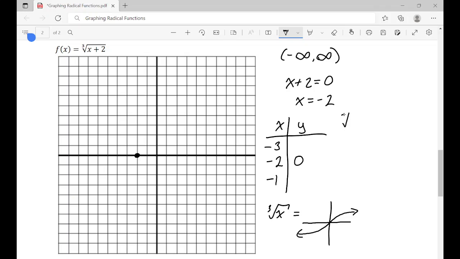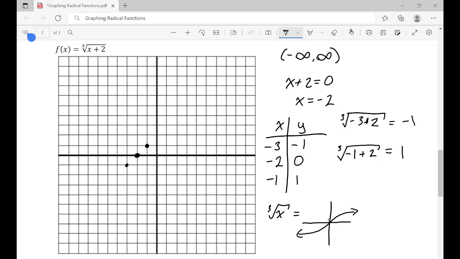The cube root of negative 3 plus 2 is going to give me the cube root of negative 1, which is just negative 1. Now I plug in negative 1: negative 1 plus 2 gives me 1, and the cube root of 1 is just 1. So now I can plot these last two ordered pairs, negative 3, negative 1, and negative 1, 1.